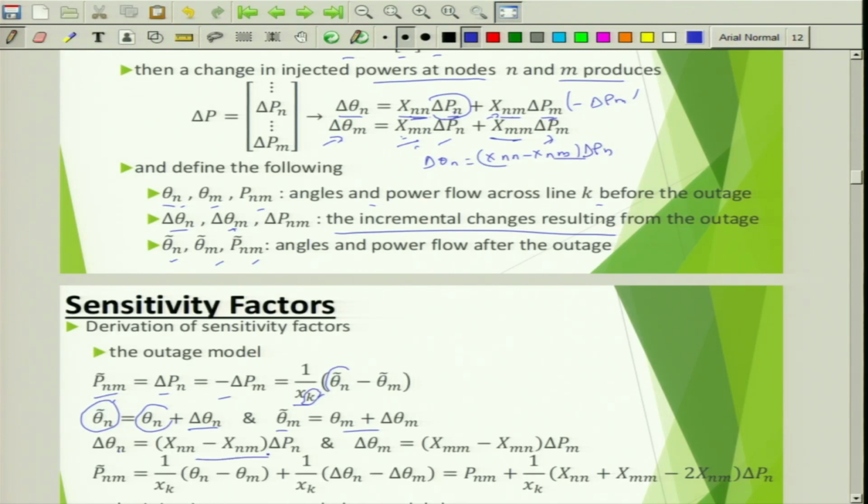That is what we have mentioned here, right. And what is delta theta m? You replace delta Pn by minus delta Pm. That means minus xmn delta Pm plus xmm delta Pm, which can also be represented as xmm minus xmn into delta Pm. That is what we have mentioned here, right.